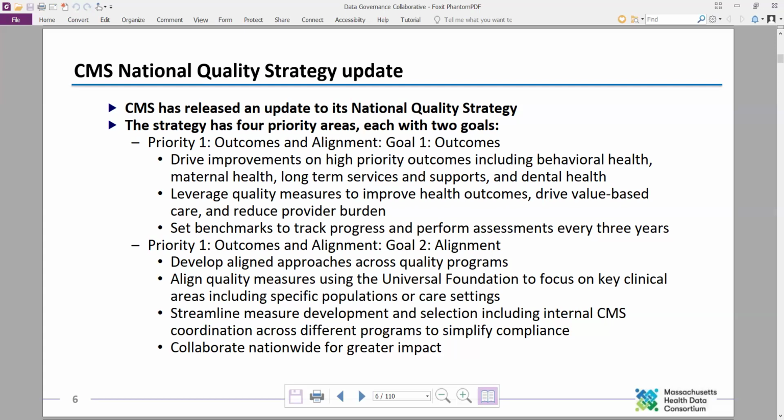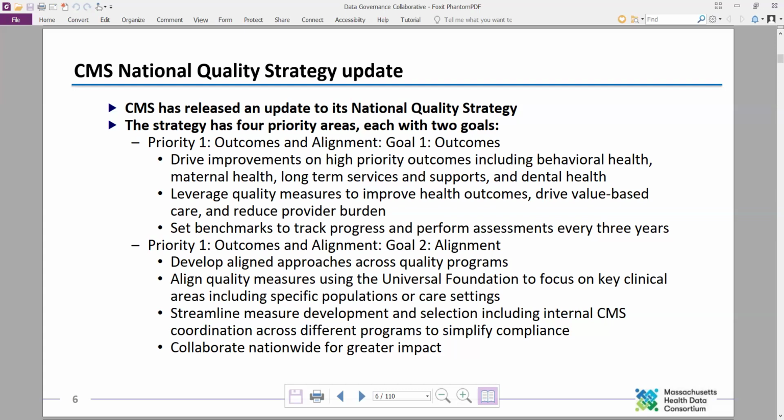But the idea, which we'll get to later, is under alignment: getting everything aligned so that you're not doing different quality measures for 8 gazillion different people, and the quality measures all have meaning. If the quality measures are pinpoint focused on improving outcomes, then it reduces the burden because you're not doing them for all kinds of other things.